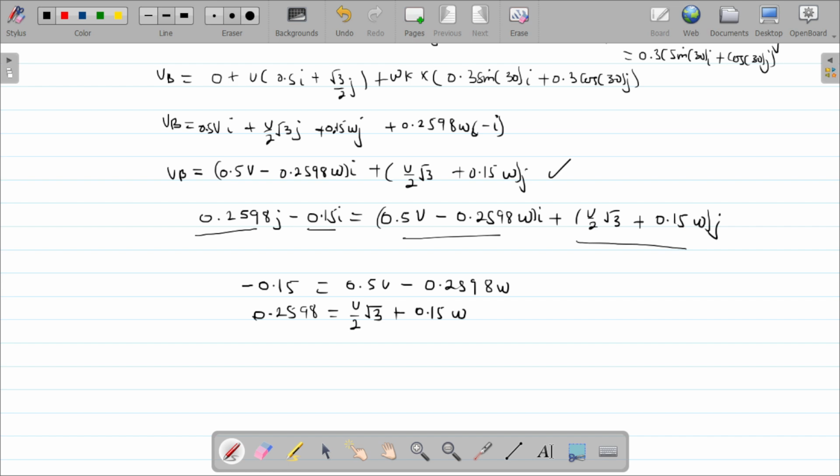All right, so from here you don't need to worry yourself with any substitution, whatever method. Just give it to your calculator to do. So we are going to use v as our x and omega as our y.